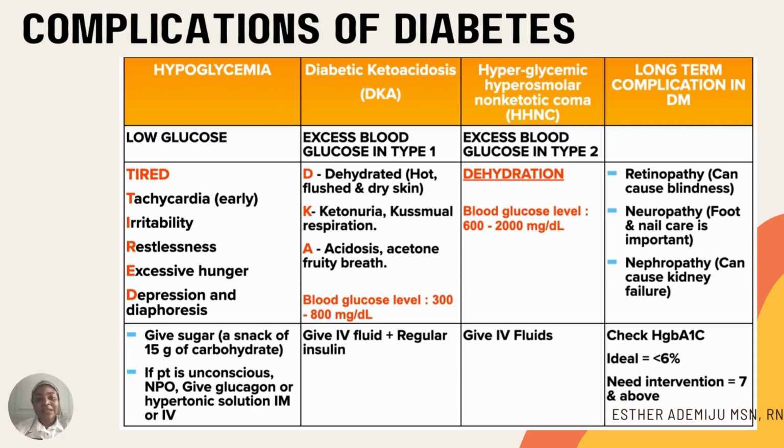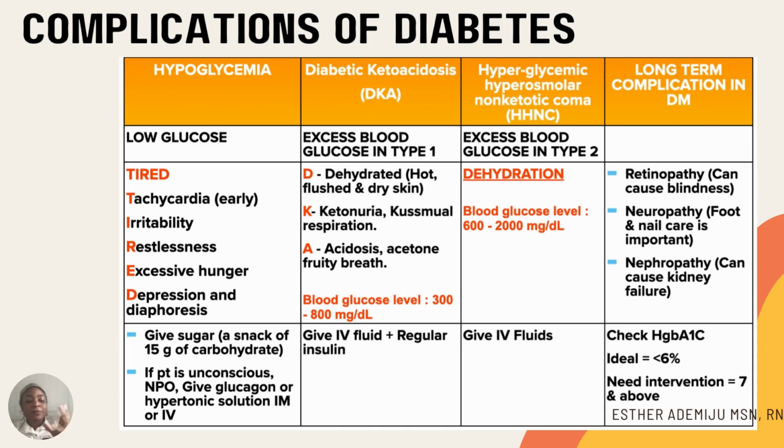Now, the next one is hyperglycemic hyperosmolar nonketotic coma, HHNC. This is excessive blood sugar in your type 2 patient. The biggest problem here oftentimes is dehydration. Because the patient is not drinking enough water, they get so dry and the sugar goes up.